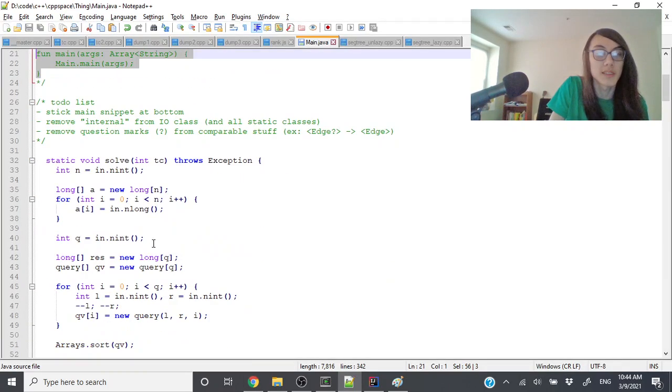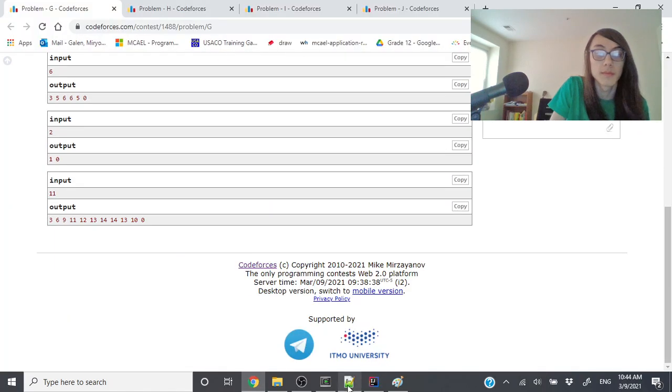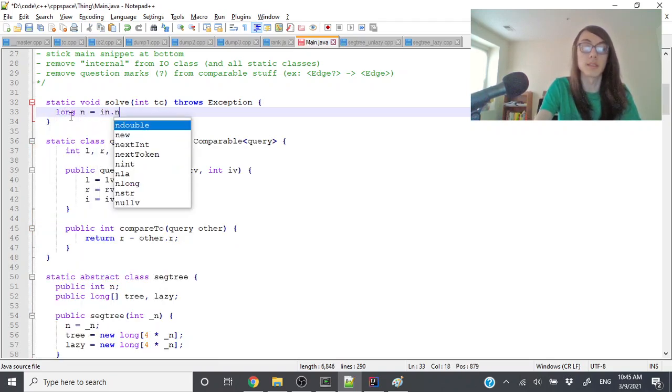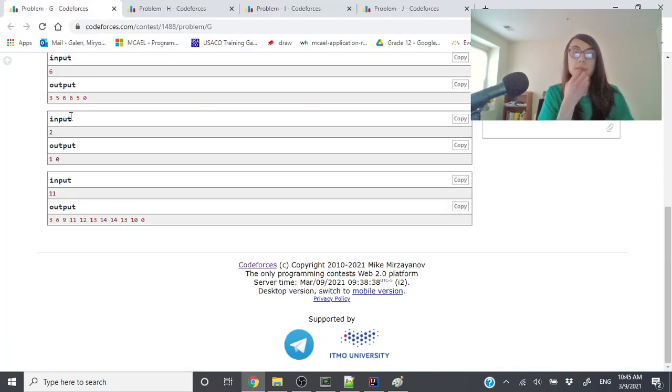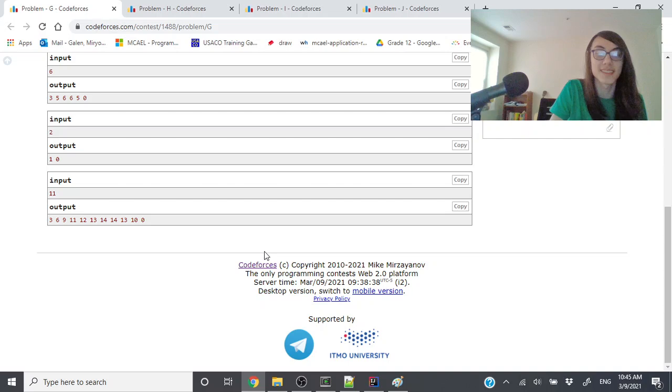So we're gonna do some stuff. Let's see. Long n equals in.nextLong. So I conjecture, and by conjecture I mean guess, that primes can't hurt us. And let's see.